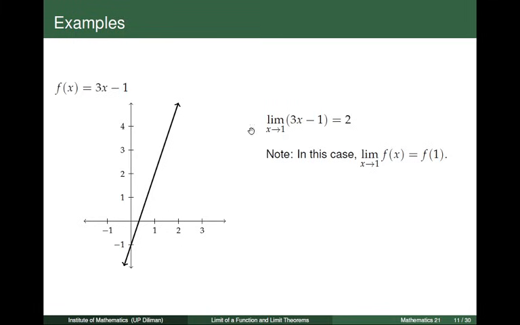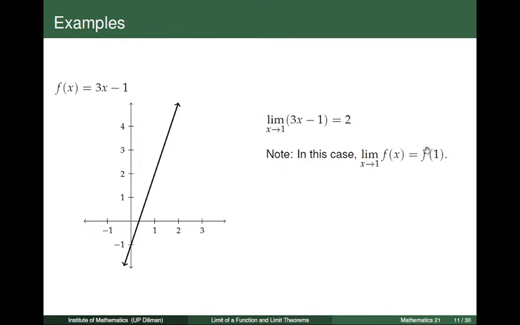So in this case, we say that the limit of 3x minus 1, or the function f, as x approaches 1 is equal to 2. Note that in this case, the limit of the function as x tends to 1 coincides with f evaluated at 1. So meaning to say the limit of the function is also the functional value at 1.